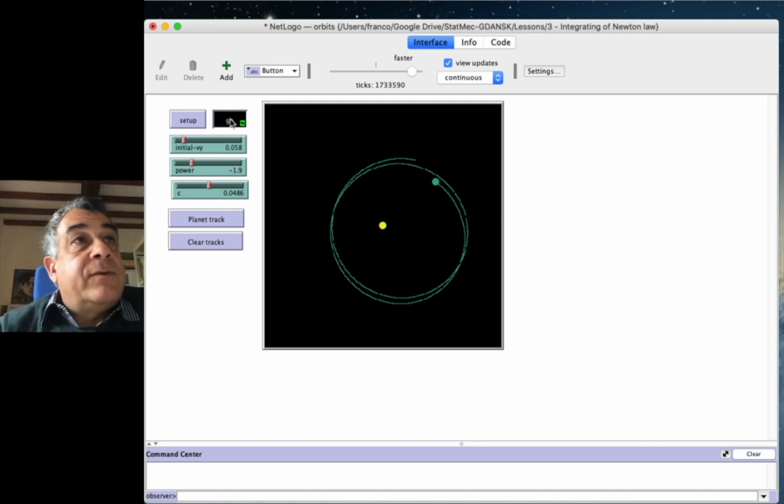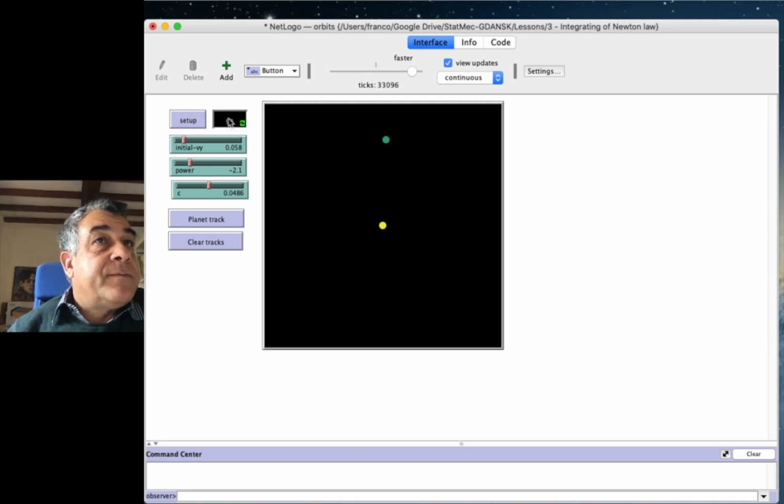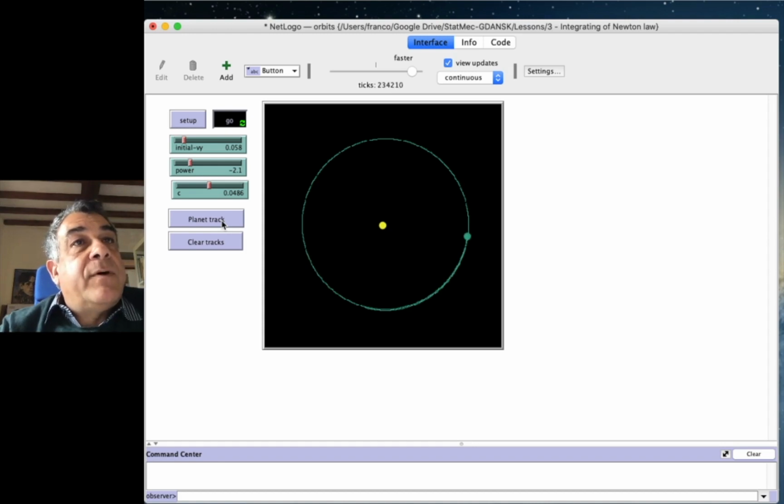This is for power -1.9, and okay, also for larger values of the exponent.